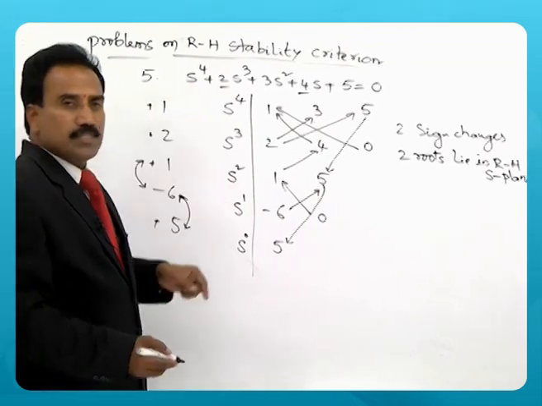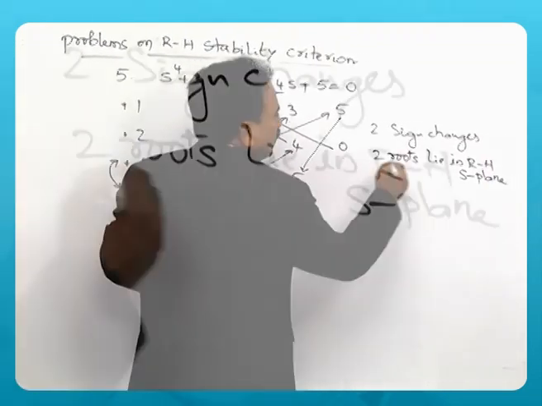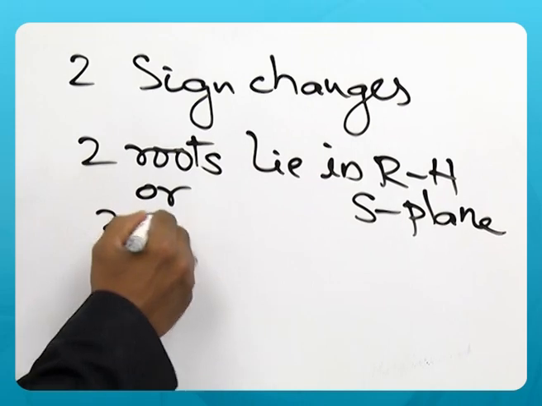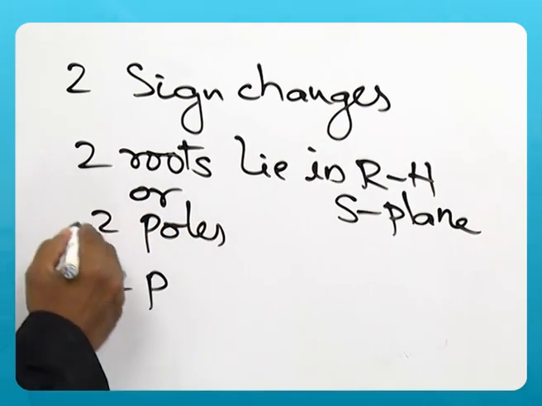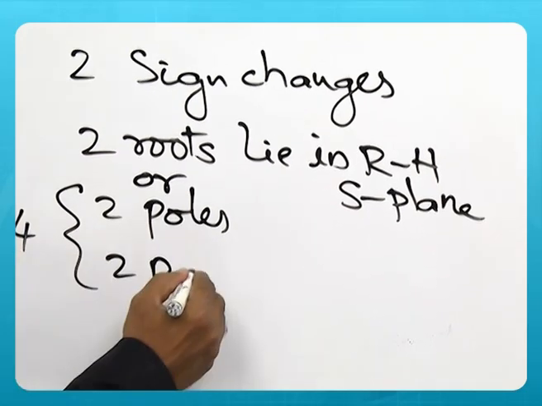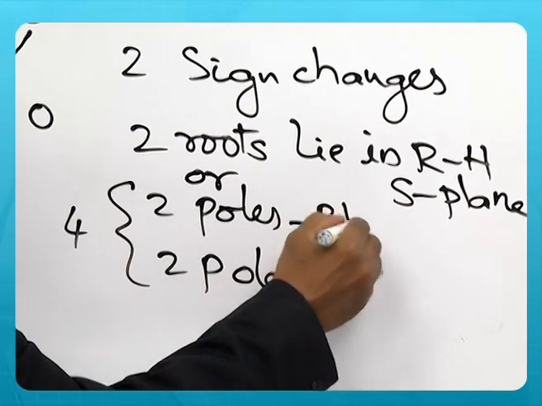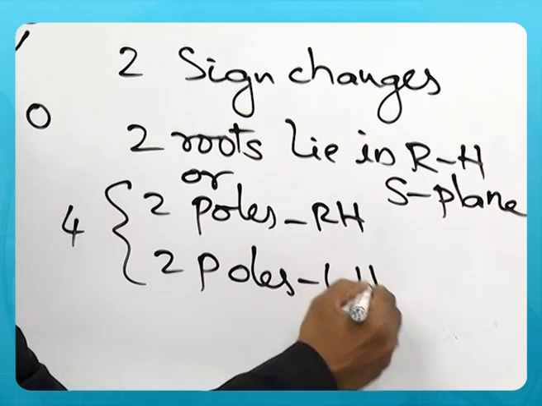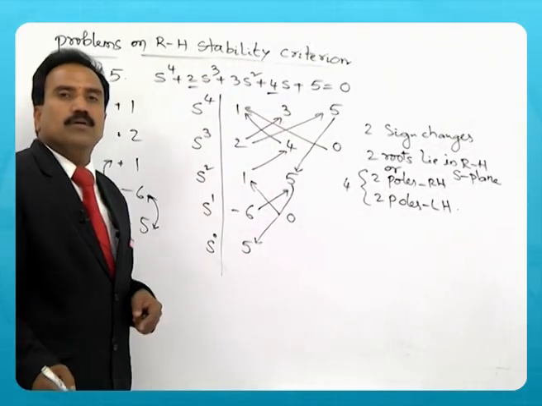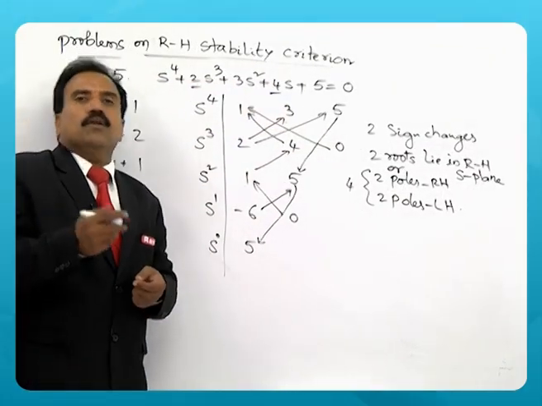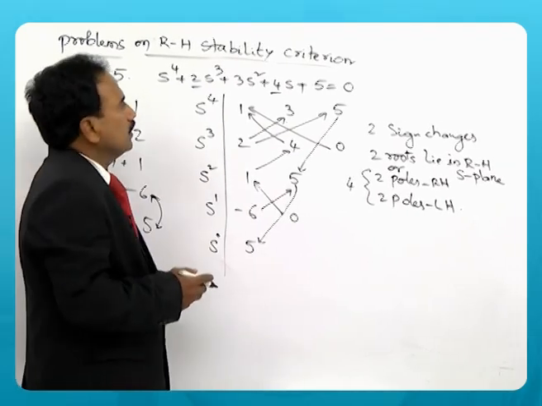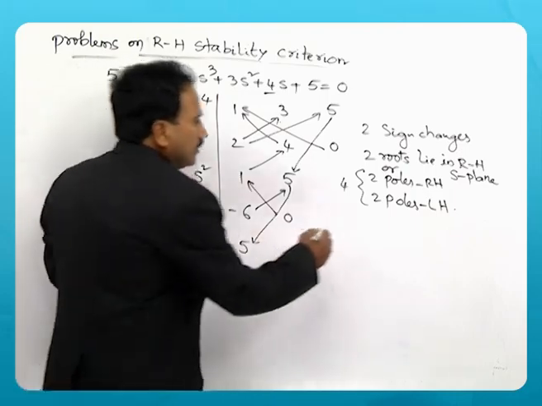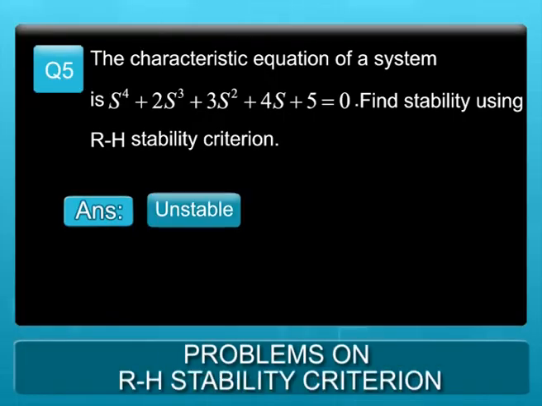This is a fourth order system, so there are two poles in the right half and the remaining two poles, total 4. So 2 poles in the right half and 2 poles in the left half of the S-plane. Even if one or more poles lie in the right half, the system is unstable. So the conclusion here is that it is an unstable system.